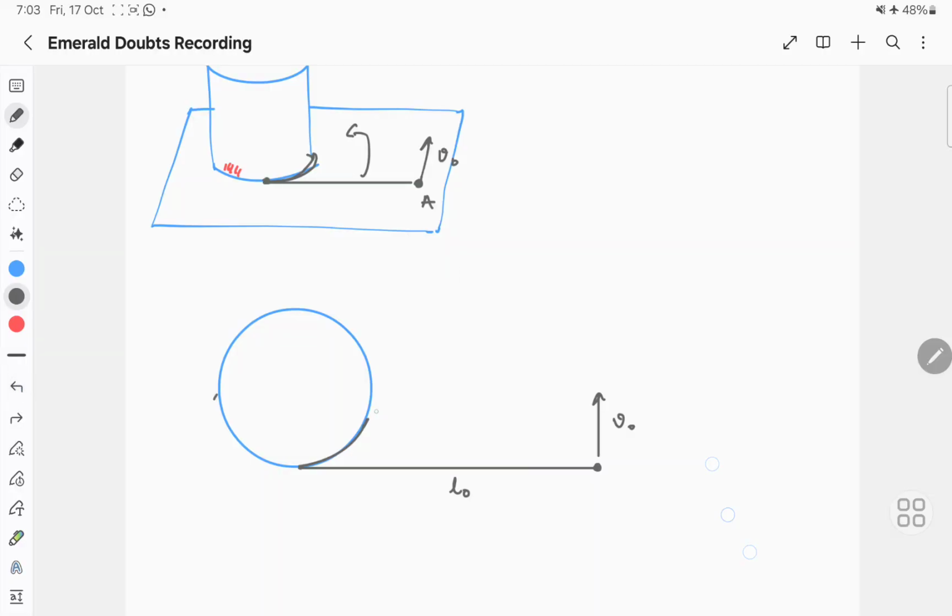Roughly it seems, I'll draw a little less. So this much length is remaining, and it is going to further wrap. It would have a certain velocity over here. What should be this velocity?